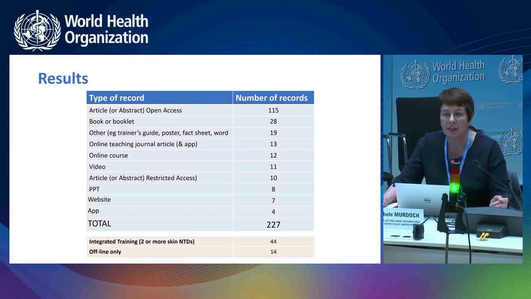Trainee assessments can be formative, such as when the trainee takes a test pre and post the training process and learns by feedback, or they can be summative, whereby it's like passing a test which has a certain pass mark. And there were 42 records that included some form of assessment of training, and this was all mainly formative.